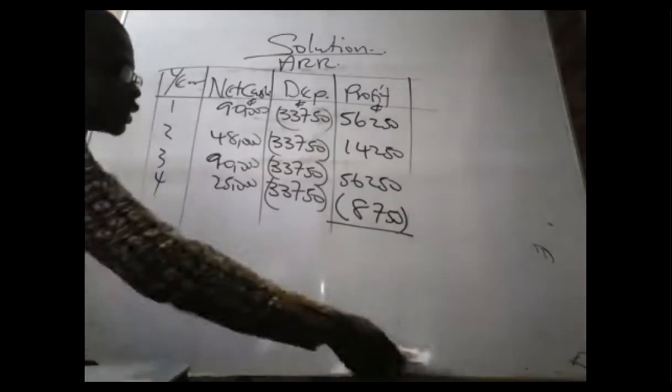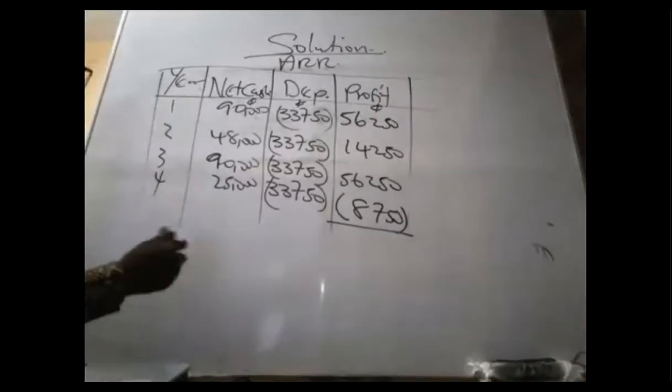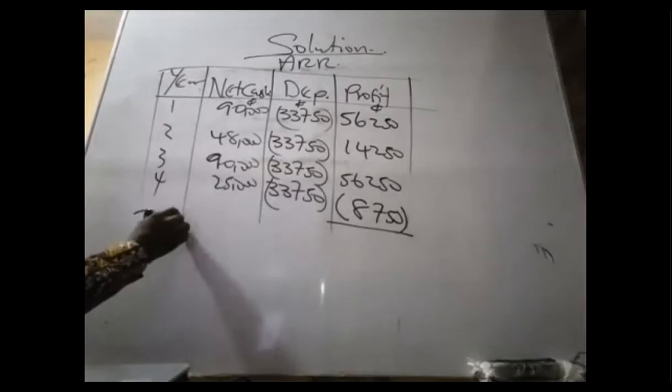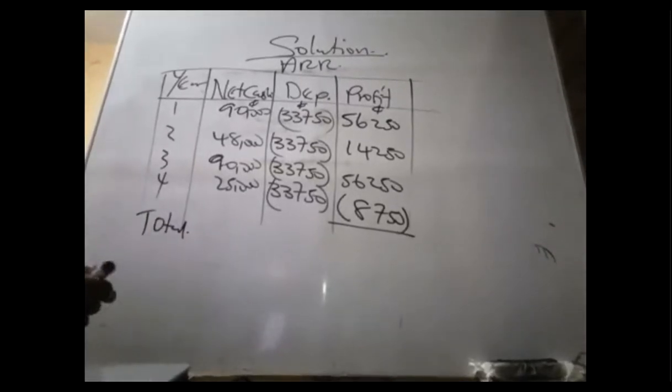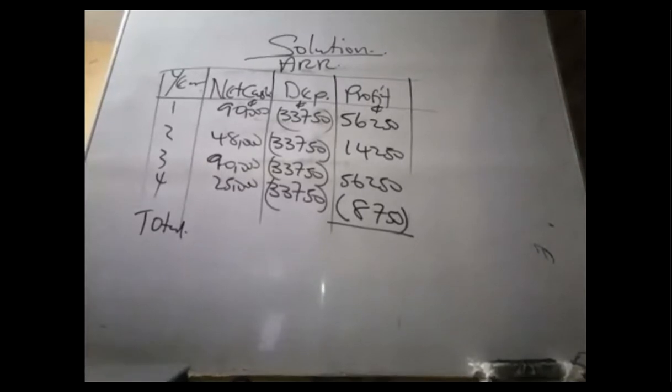Sum all of them together. What's the total profit? So 56,250 plus 56,250 plus 14,750. These two cancel, right? Yeah, they cancel.